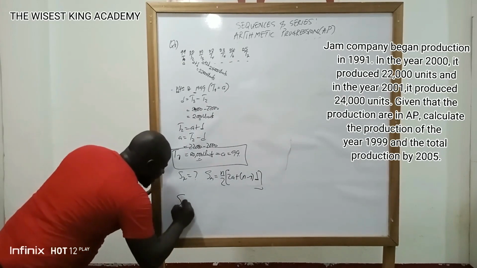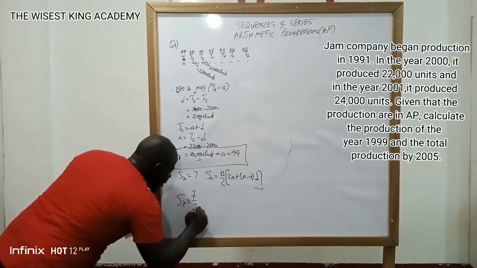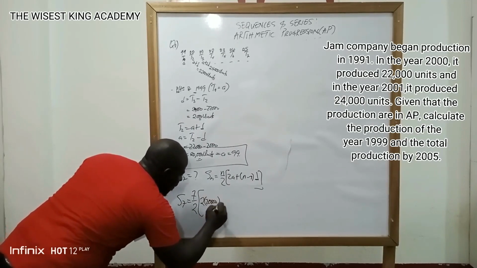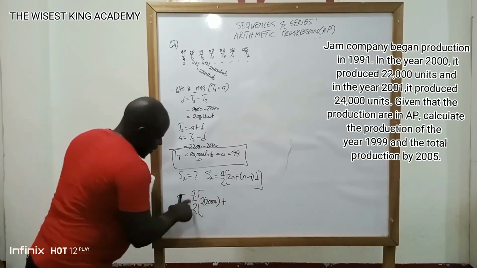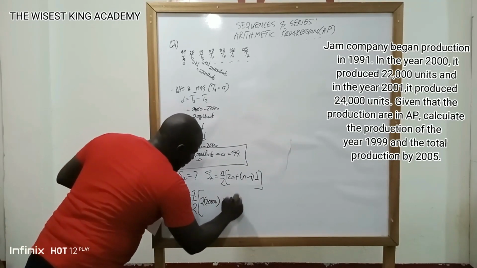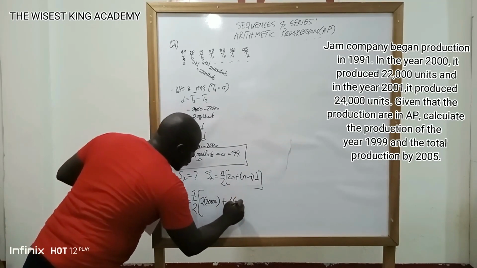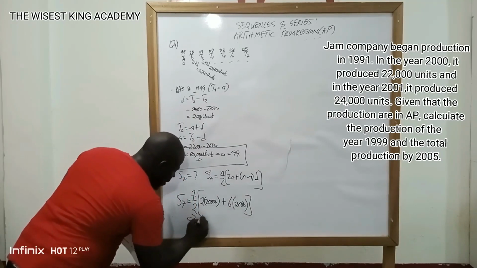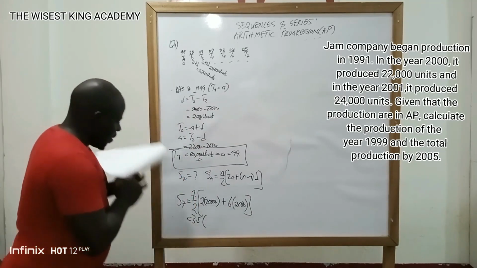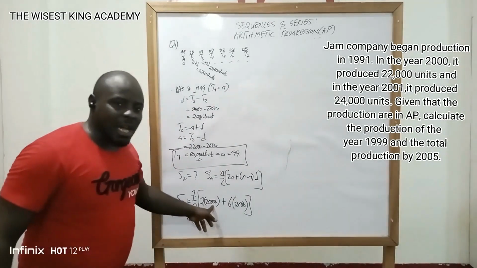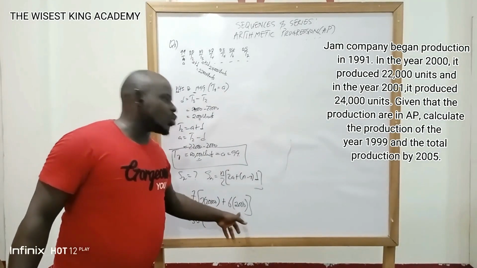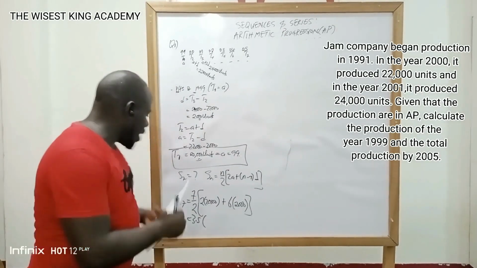So our S7 here will be 7 divided by 2, big bracket open, 2 times 20,000 plus 7 minus 1, 6 times 2,000. So if we look at this, it will be 3.5 times 2 times 20,000 is 40,000. 6 times 2,000 is 12,000. 12,000 plus 40,000 is 52,000.